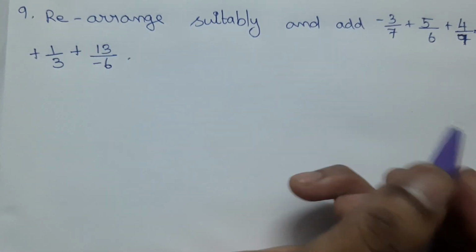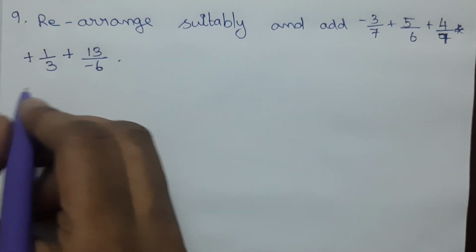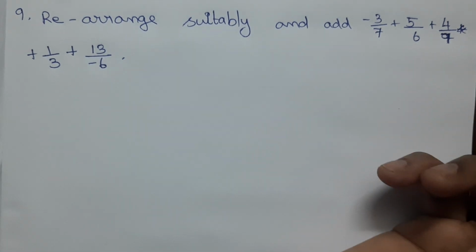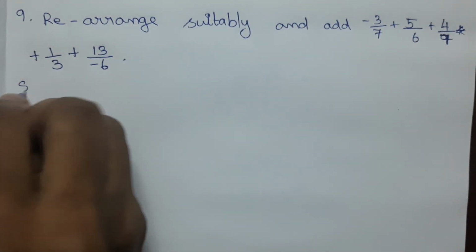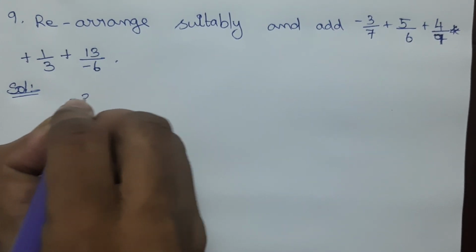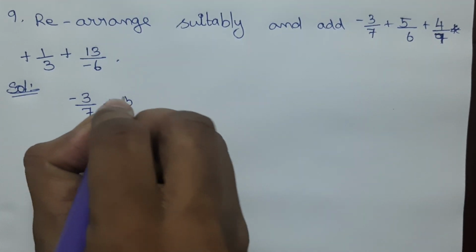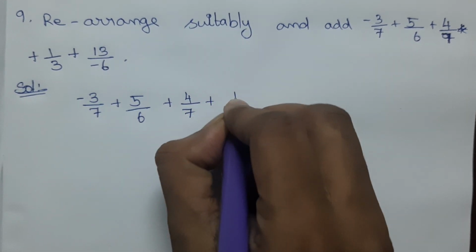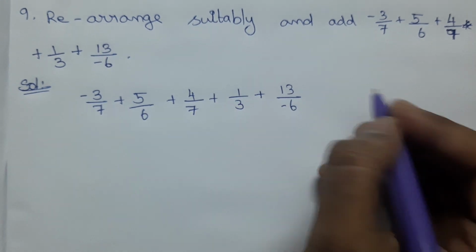Now first we have to arrange the given numbers and then add. Here we have to combine all the terms with the same denominator, because we know in addition and subtraction we have to check the denominator. I already told you, no? So first we write the question: minus 3 by 7 plus 5 by 6 plus 4 by 7 plus 1 by 3 plus 13 by minus 6.